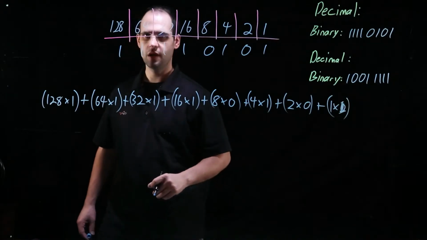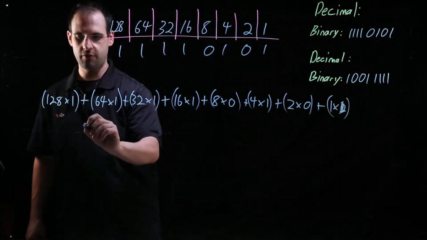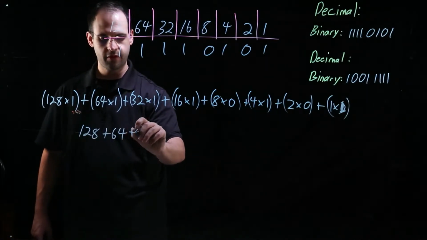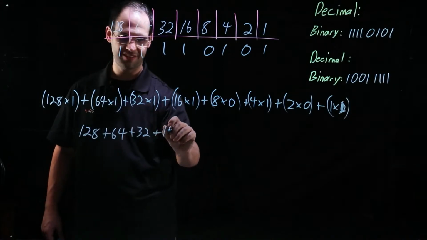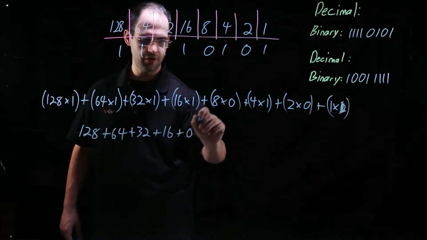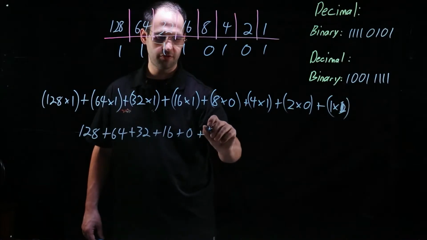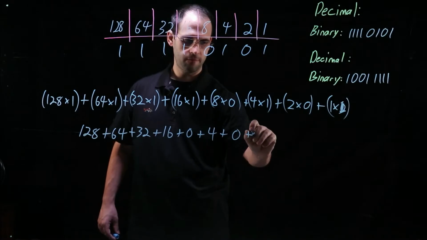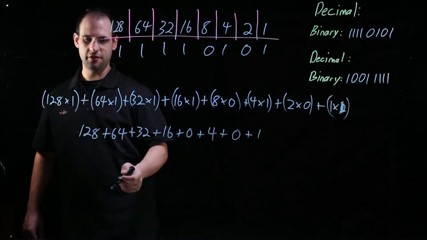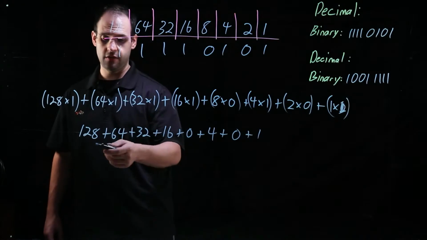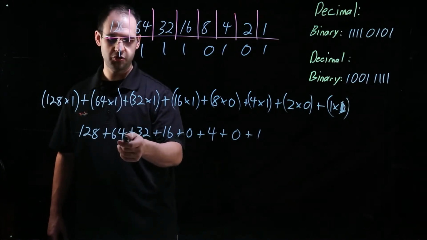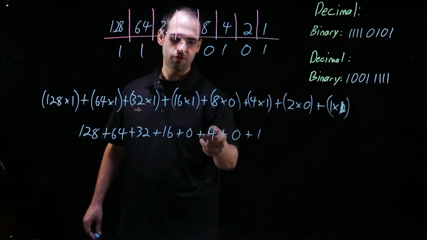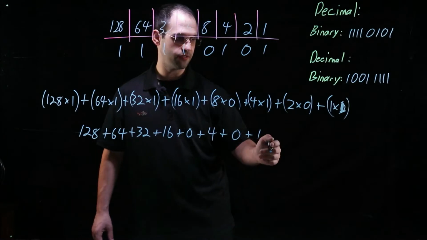So if we compute this all out, we get 128 plus 64 plus 32 plus 16 plus 0 for this position, plus 4 plus 0 for that one plus 1. Putting this all together: 128 plus 64 is 192, 224, 240, 244, 245.